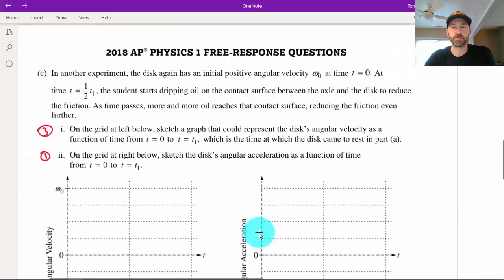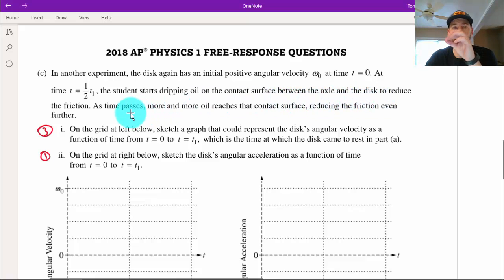Part C, also worth 4 points. It says, in another experiment, the student again has initial positive angular velocity omega naught at time t0, so same setup as before. At time t equals half t1, so halfway through the original experiment time, the student starts dripping oil on the contact surface between the axle and the disc to reduce the friction.